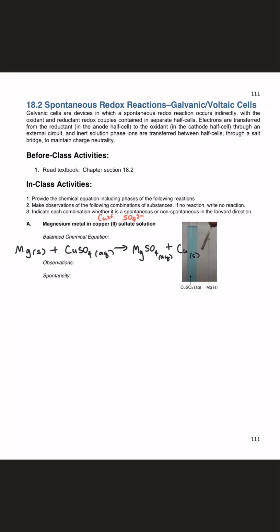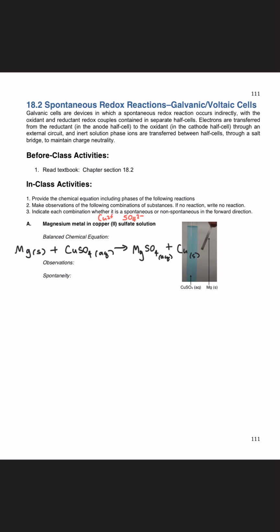The picture on your right is the copper sulfate solution that has a blue color, and this is the magnesium strip. So this is the initial state where you have magnesium that is about to react with copper sulfate. We are going to observe whether this reaction will occur or not. If this reaction occurs, you will start to observe that the magnesium will start to disappear, and you are going to start to see the formation of copper.